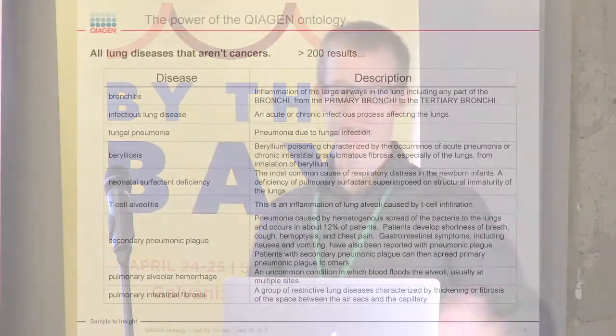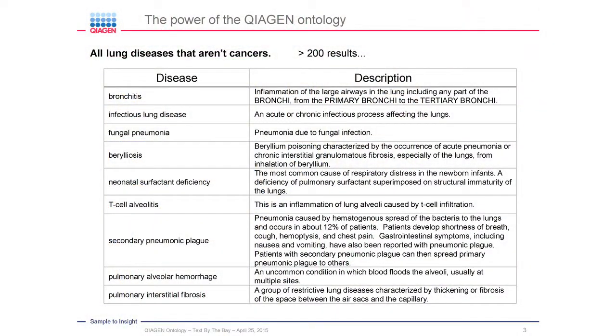So fungal pneumonia, berylliosis, which is a particular kind of poisoning that affects the lung, and a whole range of other things that get less and less obvious. And these are easy to gather in the ontology.